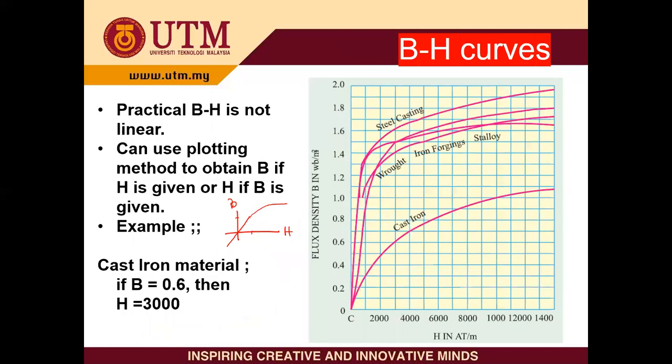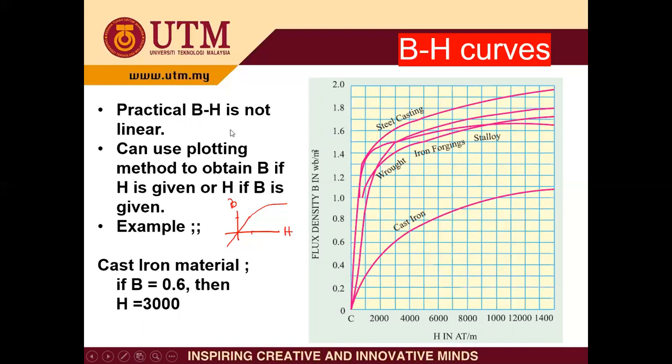So these are several BH curves of different types of ferromagnetic materials. For example, we have cast iron, steel casting, raw iron, and so on. In practice, most BH relationships are not linear, only linear in a certain part, and beyond that the relationship is no longer linear.